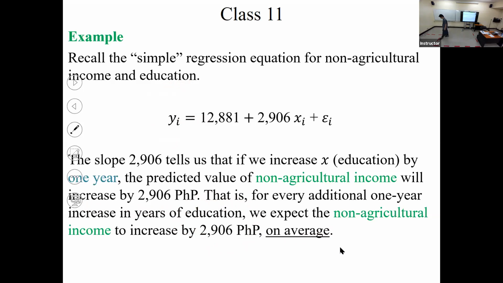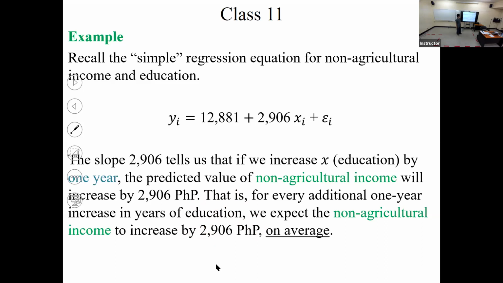On average means it's not for each and every household, but for the full sample as a group. For some households, maybe it increases by 3,200, for some maybe by 2,700, but on average the increase will be this much.